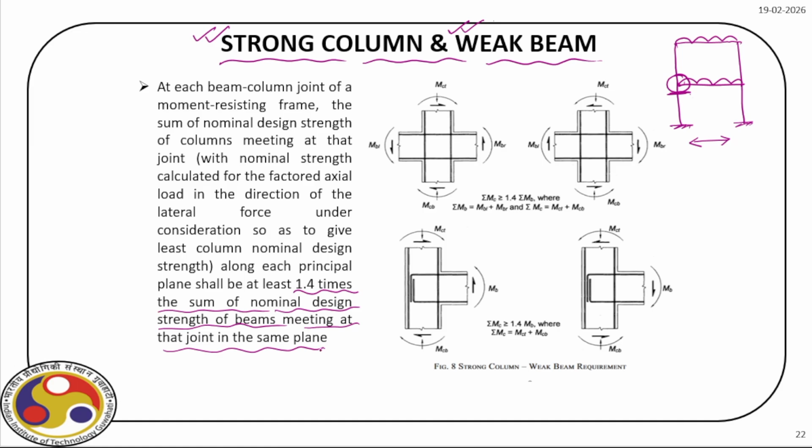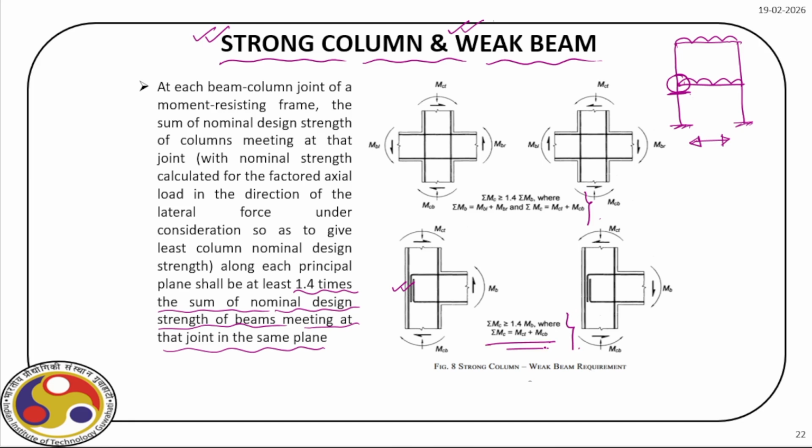This is extremely important because that will ensure strong column with respect to a weak beam, and during an earthquake or extreme events, this will help us deal with the overall safety of the structure under the extreme load. And for that, you can see the detailing guidelines. If you have a beam which is passing through a column, you can see the reinforcement details, while if you have a beam which is ending in a column, you can see a different type of reinforcement, but more important is this guideline.